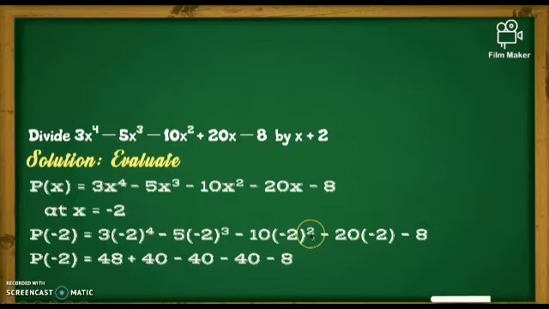Negative 2 raised to 2 is positive 4 times negative 10 is also negative 40, and negative 20 times negative 2 is positive 40 minus 8. Simplify. P of negative 2 is equal to 0.